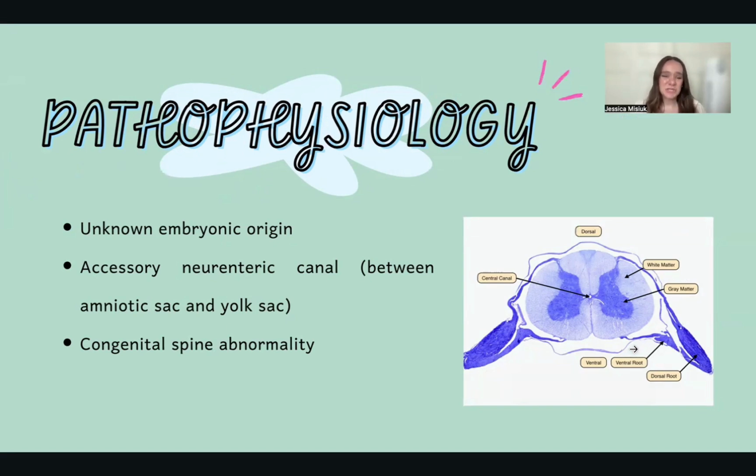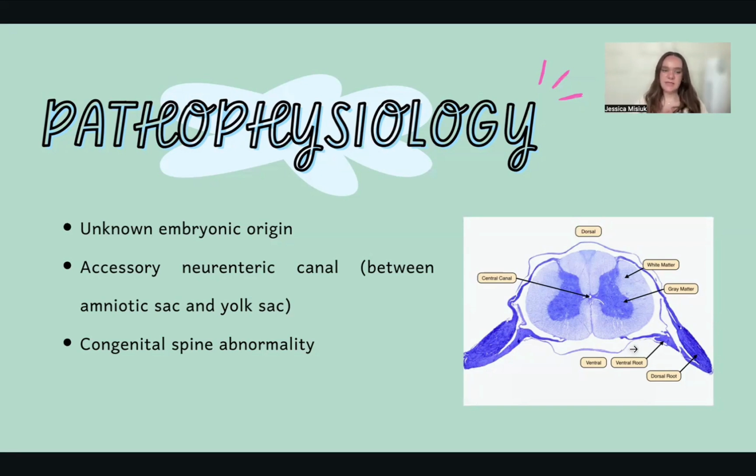Again, it is an unknown embryonic origin of what causes the spinal cord to not fuse properly. It is thought to be because of the accessory neuroenteric canal, which is the canal between the amniotic sac and the yolk sac, and it's thought that those two don't fuse properly.